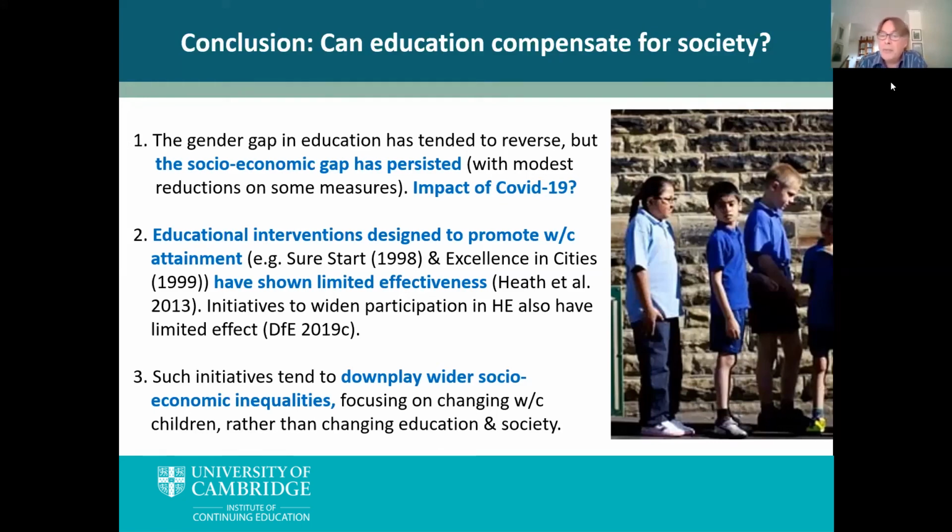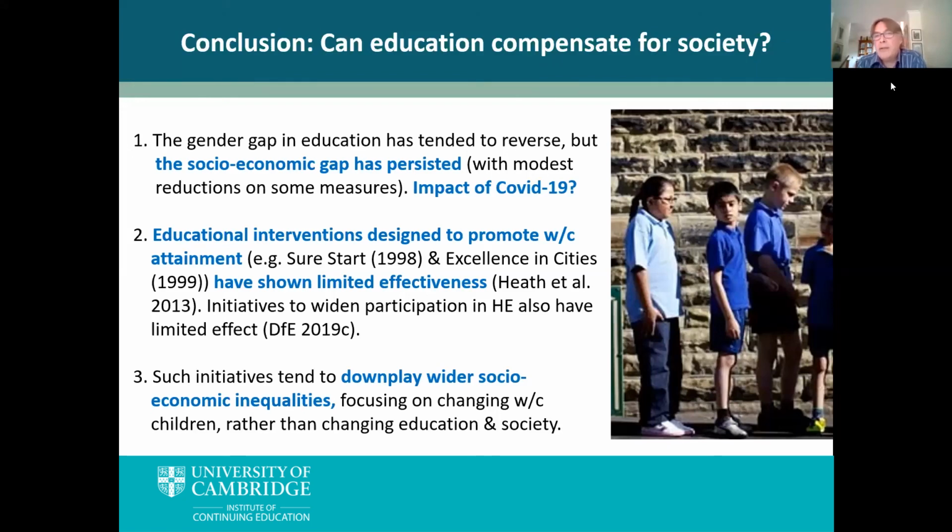And in part, as we saw on one of the earlier slides, this is because as more and more disadvantaged pupils enter higher education, we saw that on one of the tables, the gap tends to persist because middle class pupils continue to enter in increased numbers, which maintains the gap.